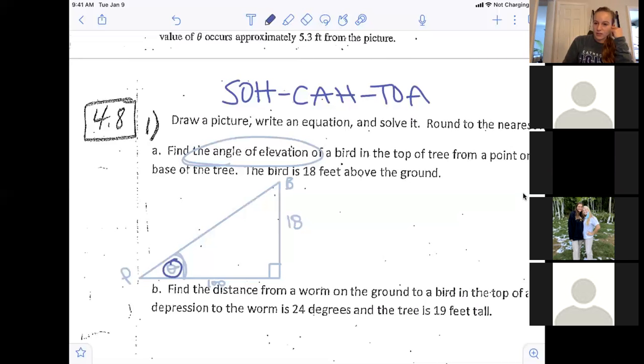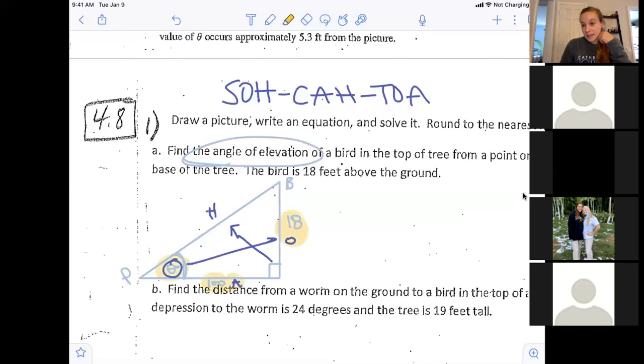I need to find this angle, so I need to use this in my step. I also have my opposite. We know hypotenuse is across from the right angle, which I don't have and I don't want, but I do have my adjacent. So opposite, adjacent, and my angle, that means that we're using TOA, tangent.